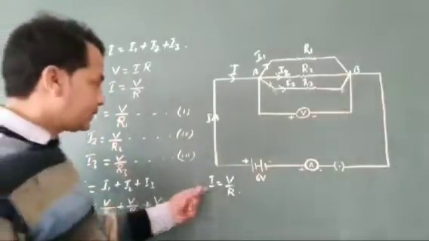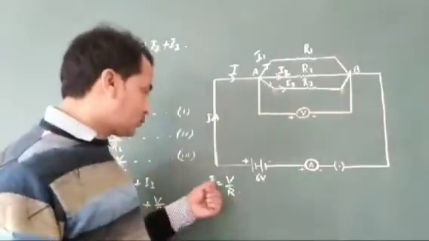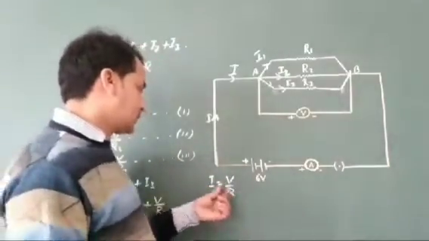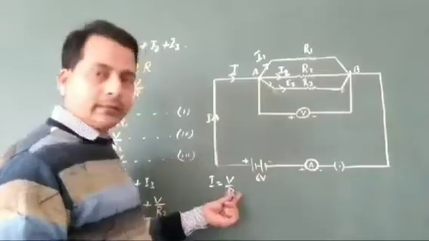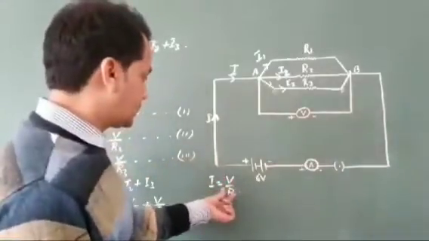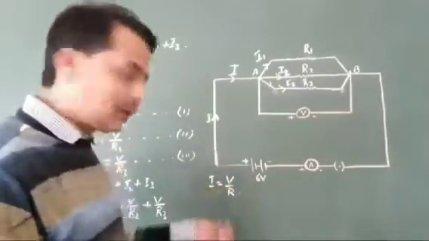And the net current I equals V by R according to Ohm's law: the ratio of potential difference and resistance is the electric current.